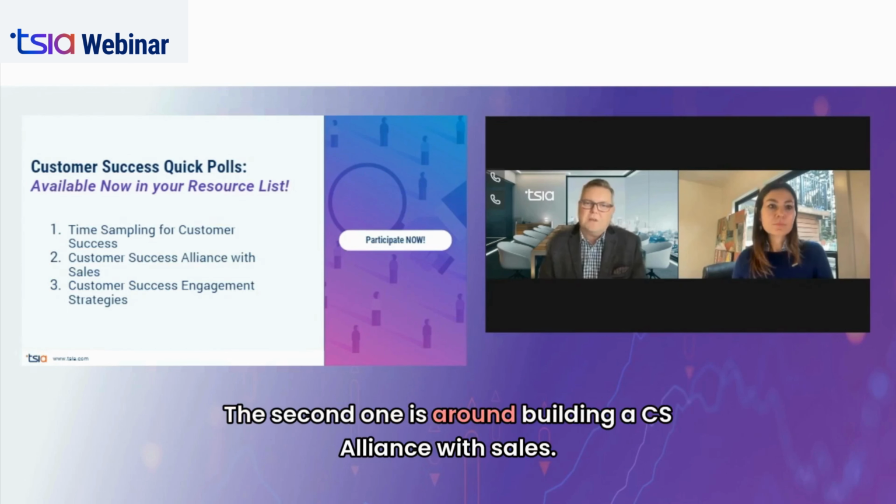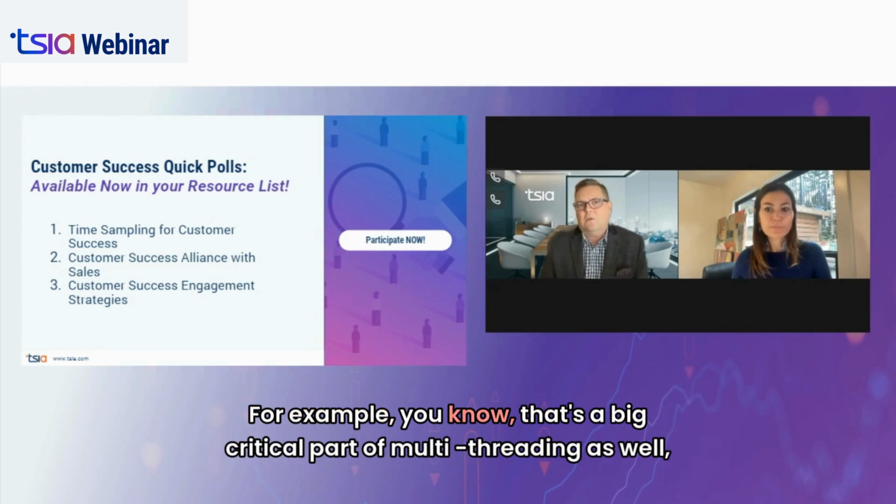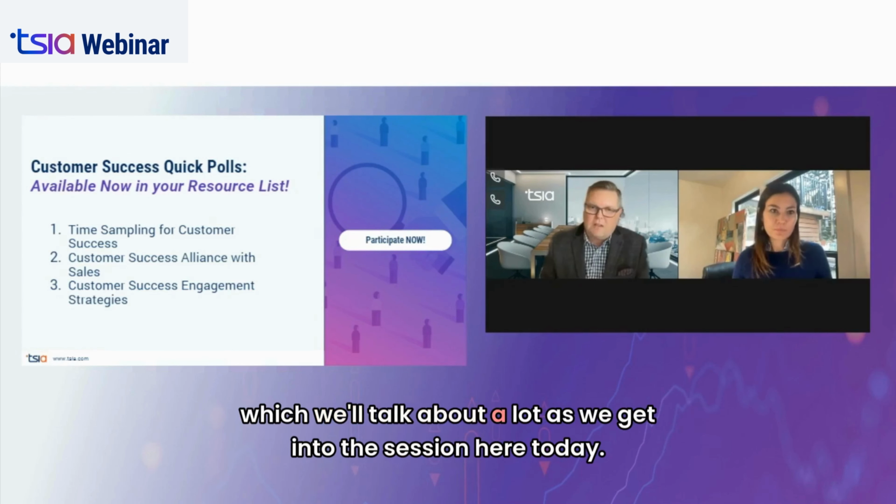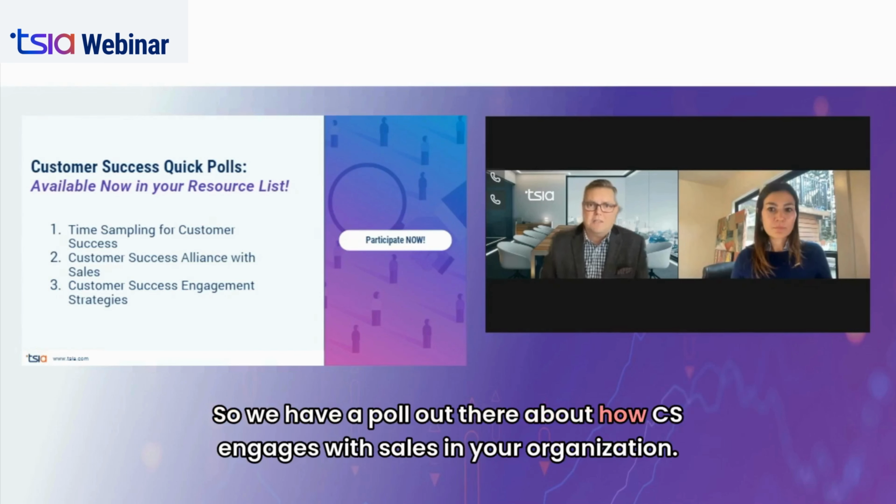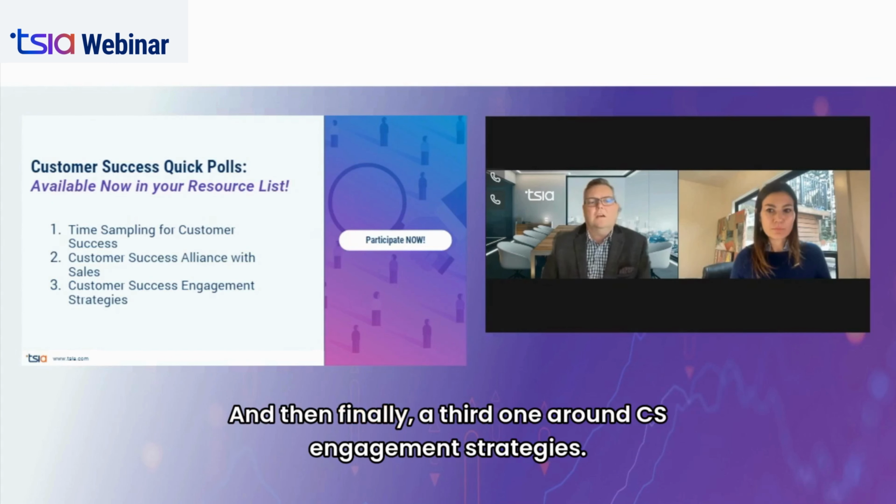The second one is around building a CS alliance with sales. For example, that's a big critical part of multi-threading as well, which we'll talk about a lot as we get into the session here today. So we have a poll out there about how CS engages with sales in your organization. And then finally, a third one around CS engagement strategies.